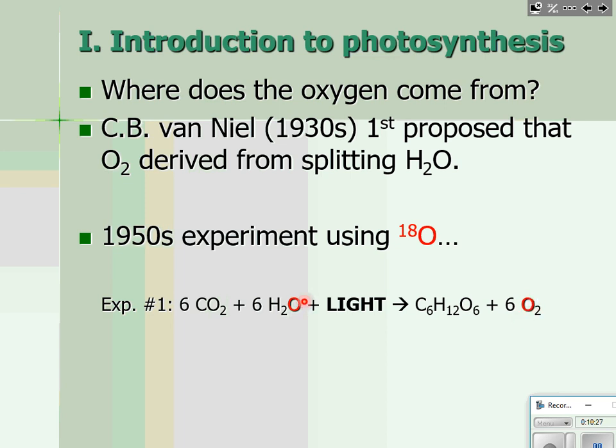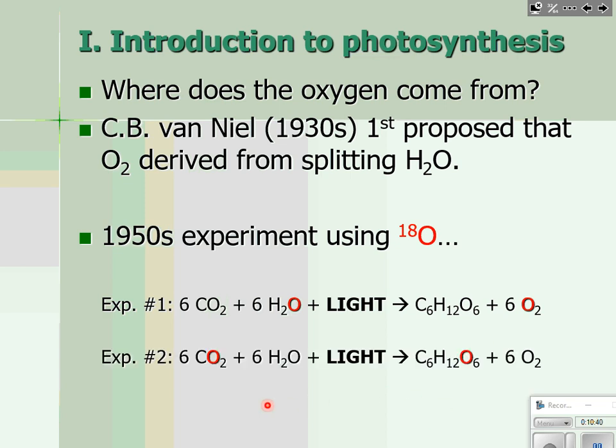In other words, the same oxygen atoms that were attached to the water ended up being released as a gas by these plants. But on the other hand, if they fed the radioactive oxygen to the plant in the form of carbon dioxide, those plants did not release radioactive oxygen, but instead that oxygen ended up as part of the glucose.